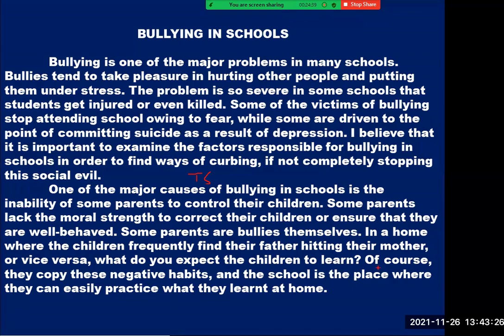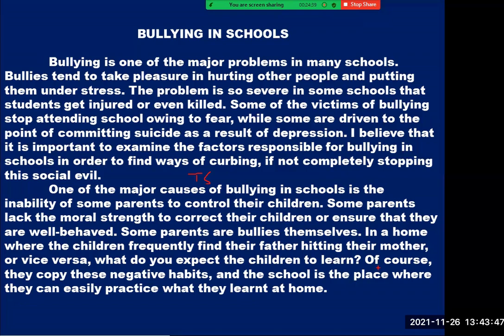It's just like when someone is sick and you go to the doctor. What does the doctor do first? He will diagnose. That means he will examine you to find out exactly what are the symptoms or what are the causes, what are the factors responsible for your illness.